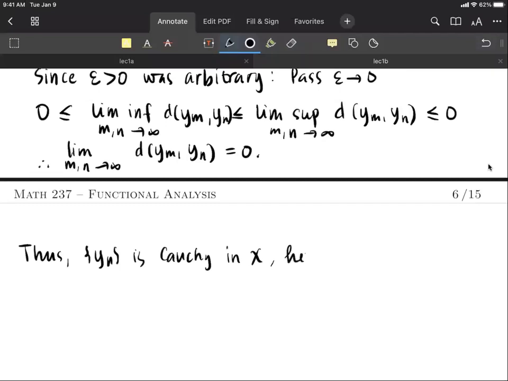Hence, we can construct the associated equivalence class. And obviously, by definition of X bar, this is in the factor space X bar.